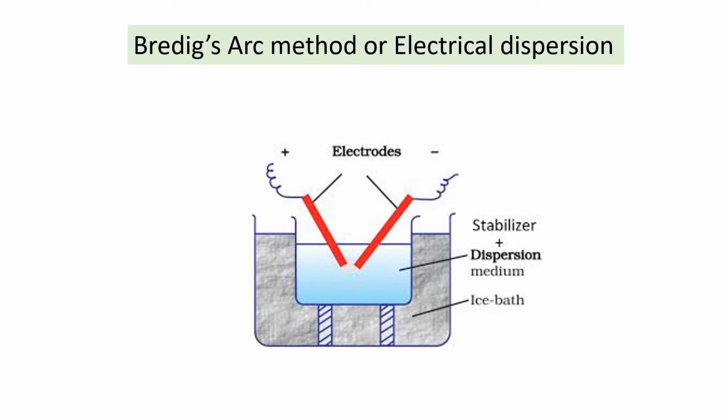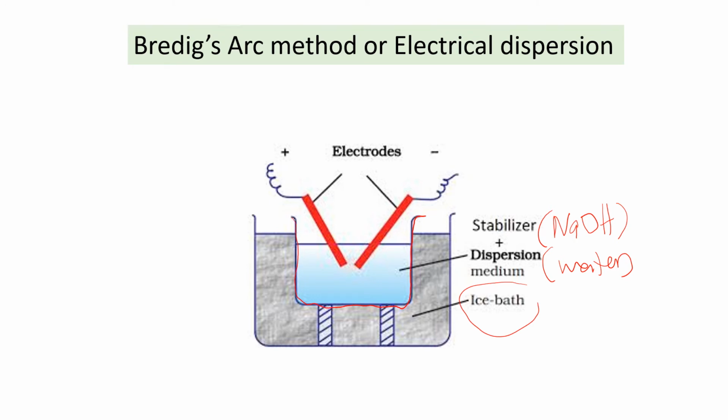Bredig's arc method, or electrical dispersion, is the method used to produce metal sols like silver, gold, and platinum in water. In the system we have a stabilizer, commonly sodium hydroxide, the dispersion medium which is water, and an ice bath. We also have a non-conducting vessel.